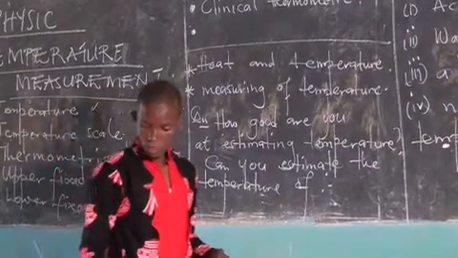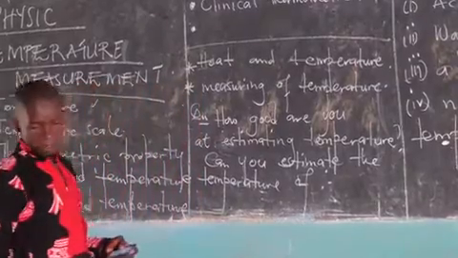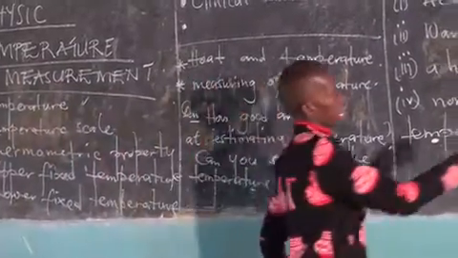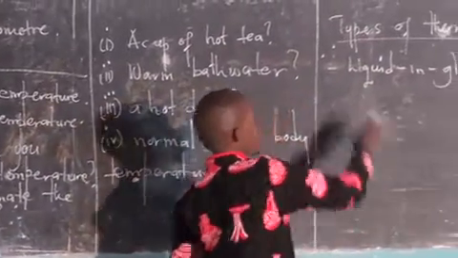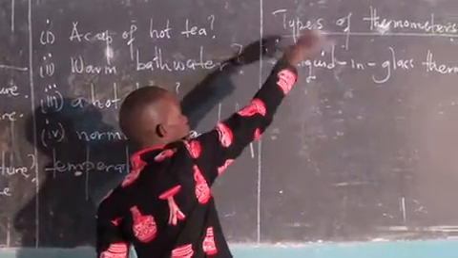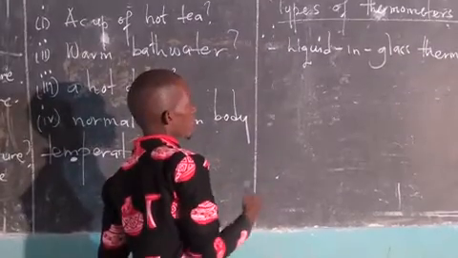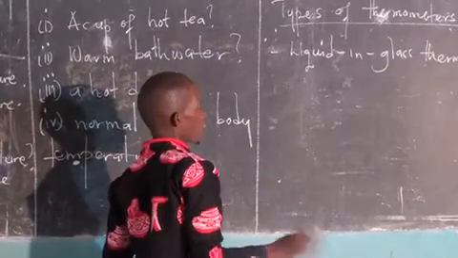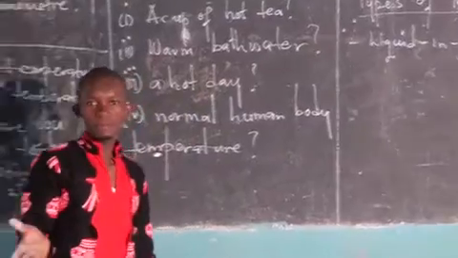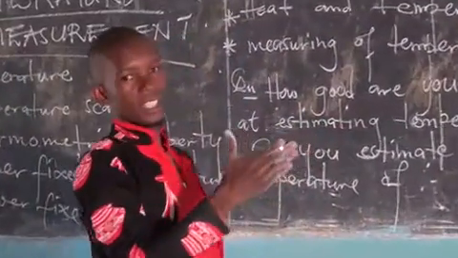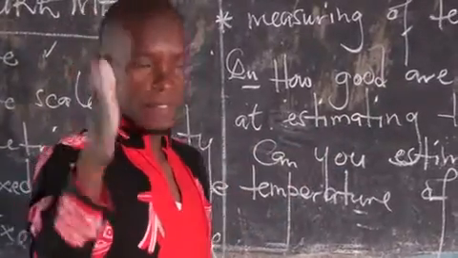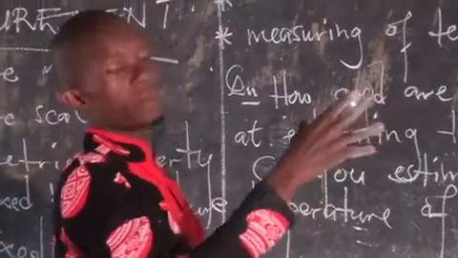So, when we move on to the liquid in glass thermometer, that is one of the types of thermometer. Which liquid is there? Try to identify. If it is water, you give me water. If it is mercury, you give me mercury.